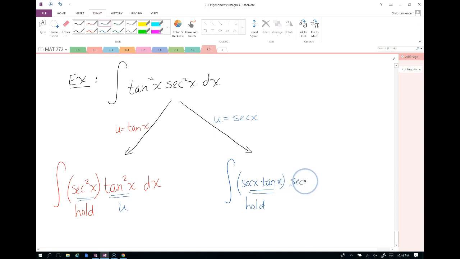I would still have another secant to deal with and another tangent to deal with. And when we look at that, we want to ask ourselves, is it possible to get everything except for what I'm holding on to for my u substitution to work to be written in terms of secant? And in this case, it is not, because all I have is a single tangent.